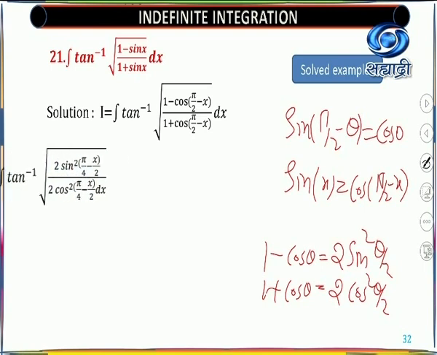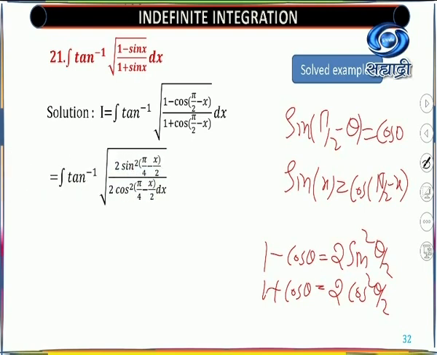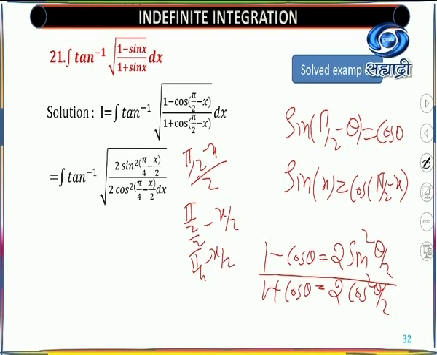Here we are having the multiple angle, so we'll write that. You will get tan inverse of 2 into sin square, using this formula. Theta by 2 means (pi by 2 minus x) upon 2. So you will get pi by 2 upon 2 and minus x by 2, so pi by 4 minus x by 2.